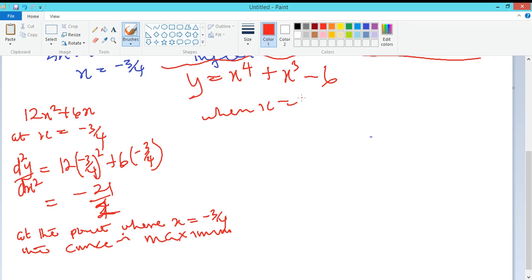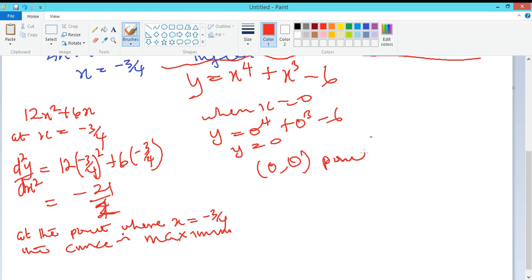When x is equal to 0, y is equal to 0 to the power 4 plus 0 cubed minus 6. y is equal to 0 implies we have 0 comma 0. But that is a point of inflection, remember?